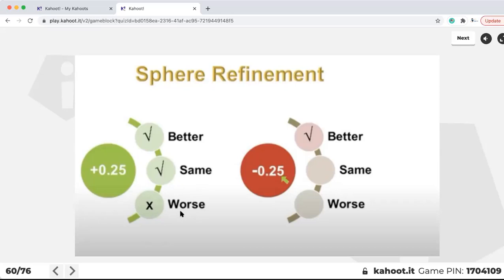If the patient reports that the vision is worse, you leave it and you put minus 0.25. If you put the minus 0.25 and the patient reports that the vision is immediately better, this is important, then you should leave it. But if it is the same or worse, then you remove it in order not to make the patient over-minus. So this is the sphere refinement, which occurs before the cylinder.